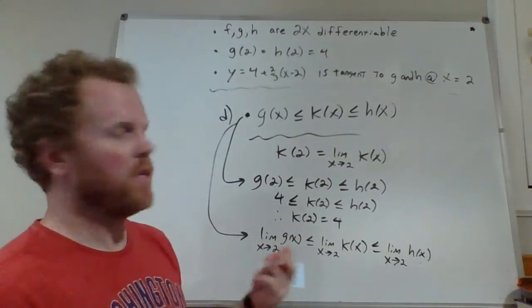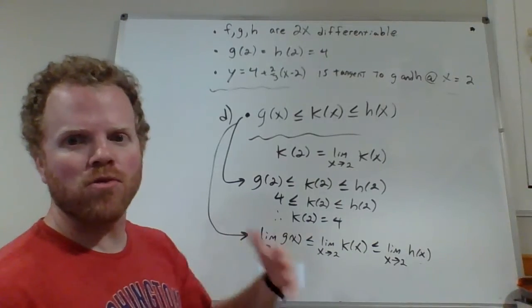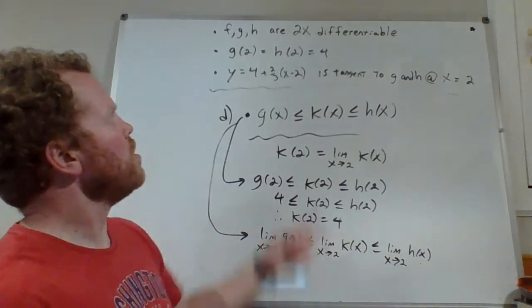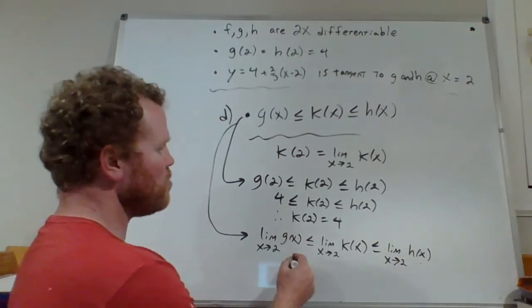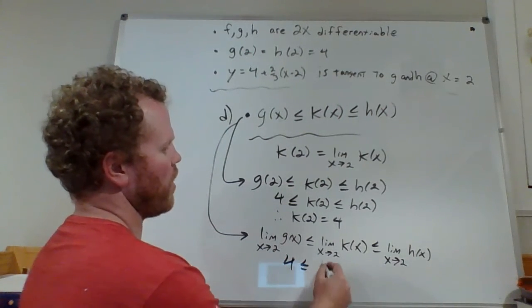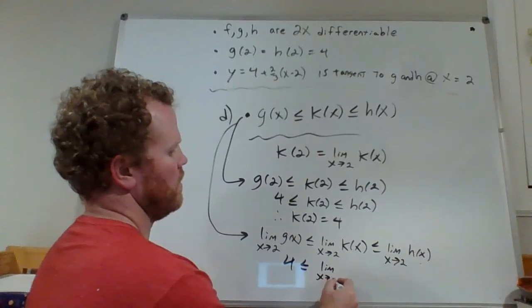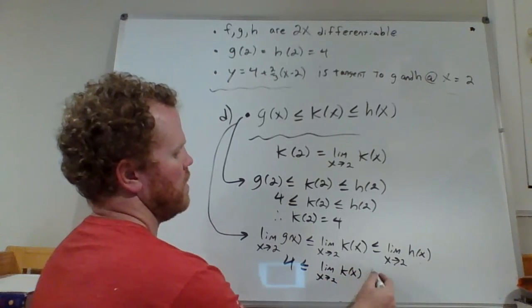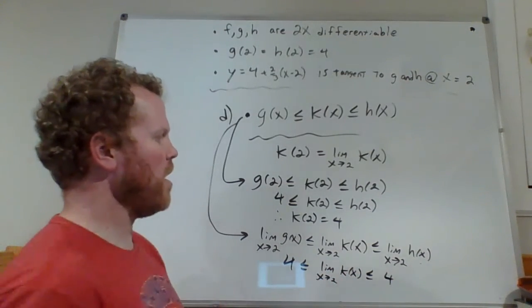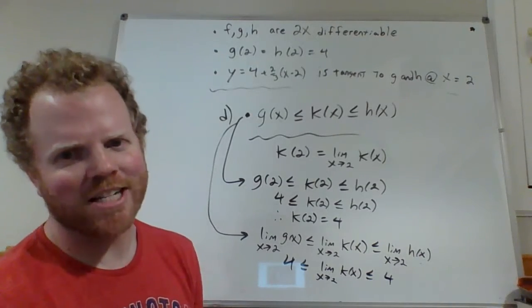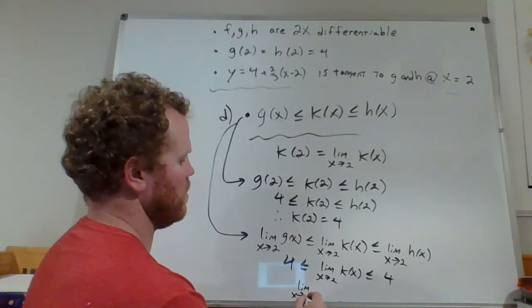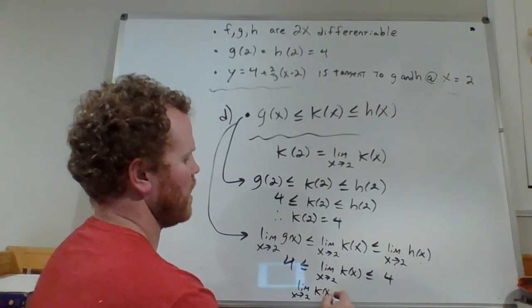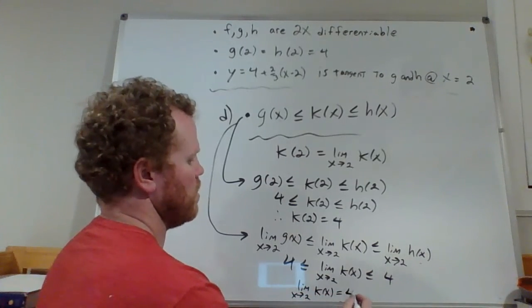So there's some nice, easy, friendly, smooth, connected curve. So if the dots are at 2, 4, when x gets really close to 2, this guy has to be 4, and this guy has to be 4 as well. So we use the squeeze theorem a second time, this time with limits, and we get that the limit as x gets close to 2 of k of x is also 4.